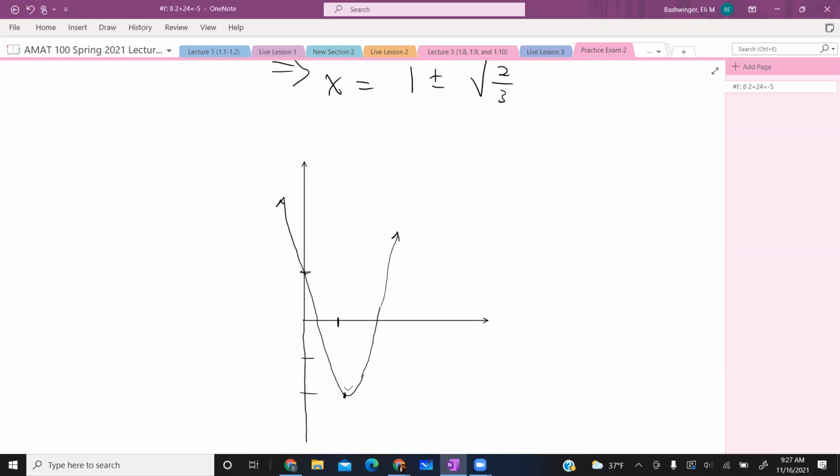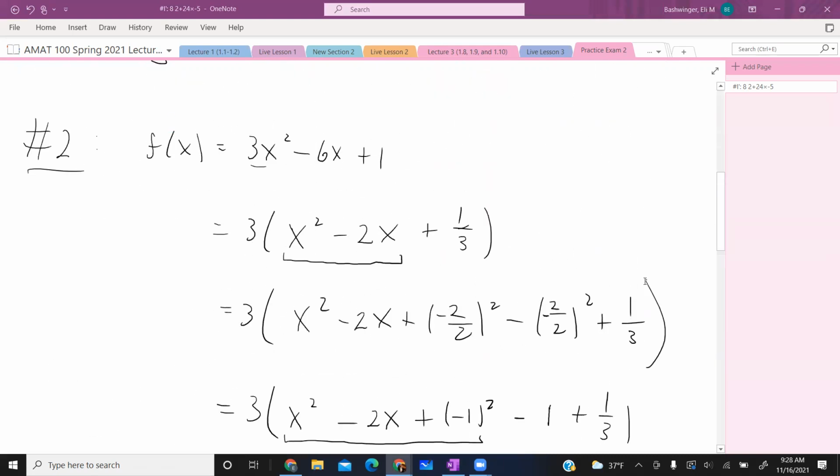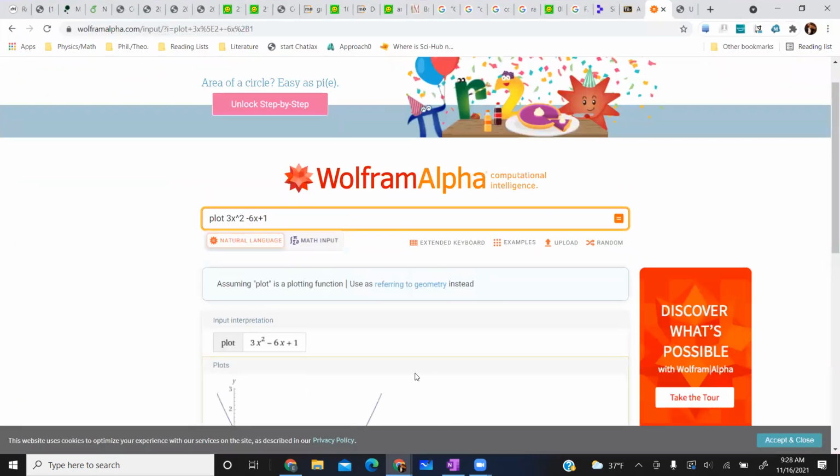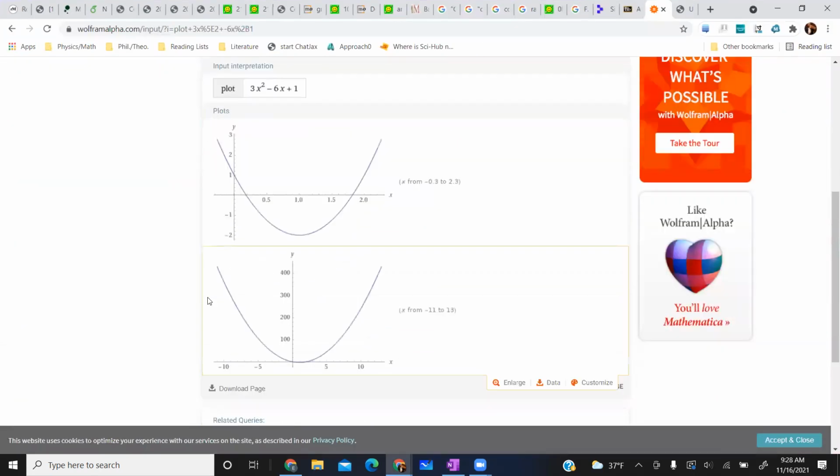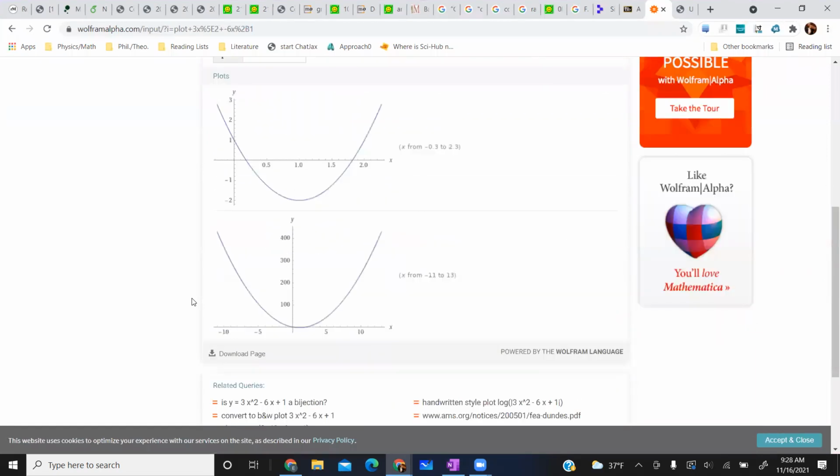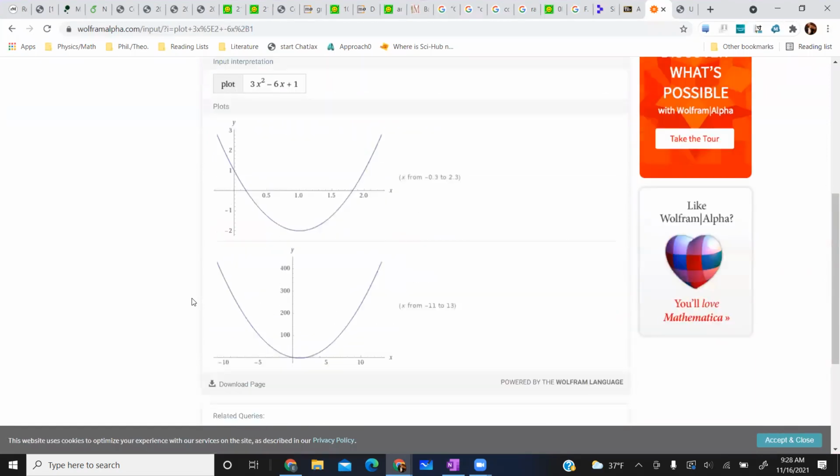Let me actually use Wolfram Alpha again. So we want to plot 3x squared minus 6x plus 1. Let's see, does our work align with what Wolfram's plotting?